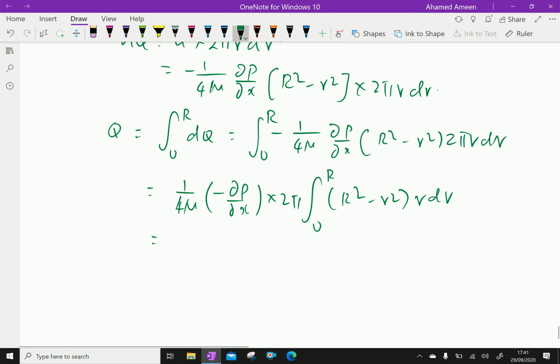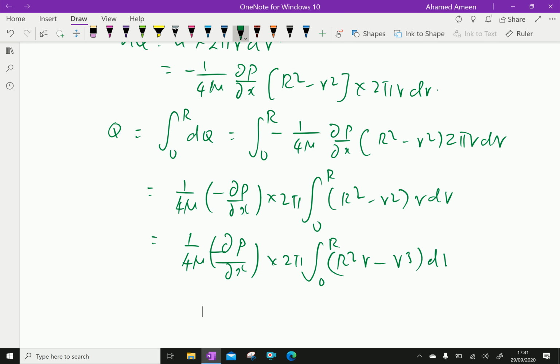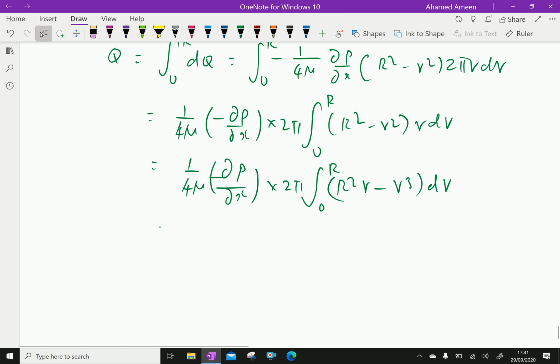Then further this gives 1 by 4 mu dou p by dou x into 2 pi, integral 0 to R. Here r is multiplied, that becomes R squared r minus r cube dr. So after putting 0 to R, integrating, R squared r squared by 2, r cube is r power 4 by 4.